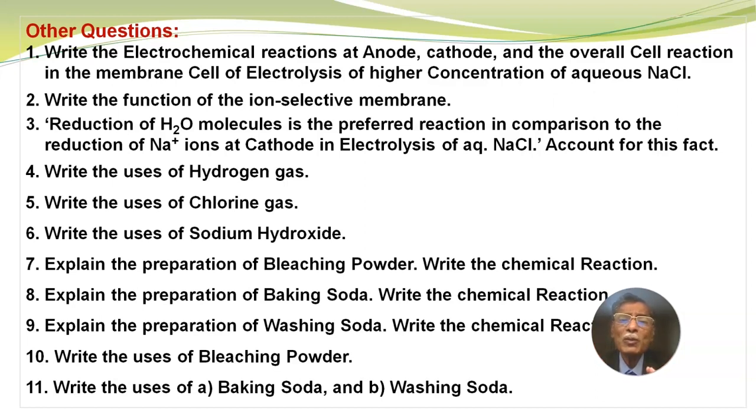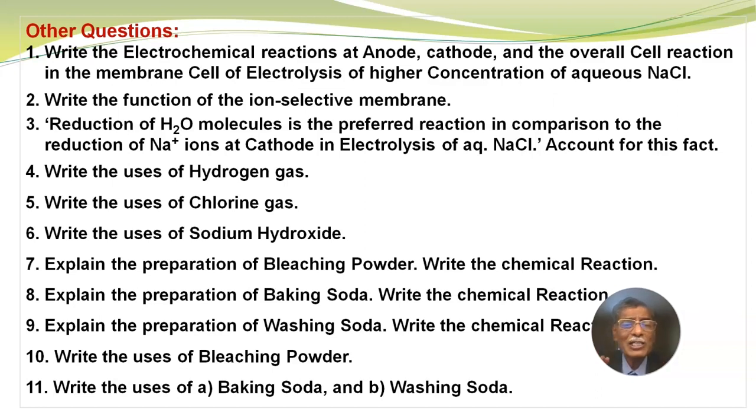Reduction of H2O molecules is the preferred reaction in comparison to the reduction of Na⁺ ions at cathode in the electrolysis of aqueous NaCl. Account for this fact. Question 4. Write the uses of hydrogen gas. Question 5. Write the uses of chlorine gas. Question 6. Write the uses of sodium hydroxide.